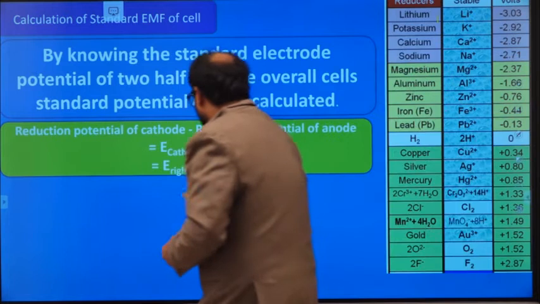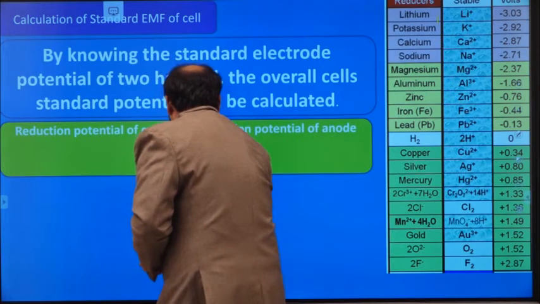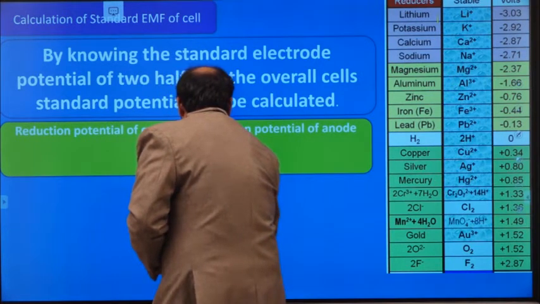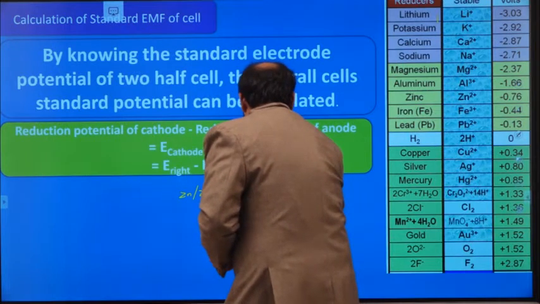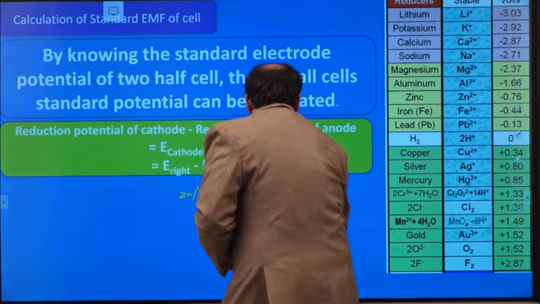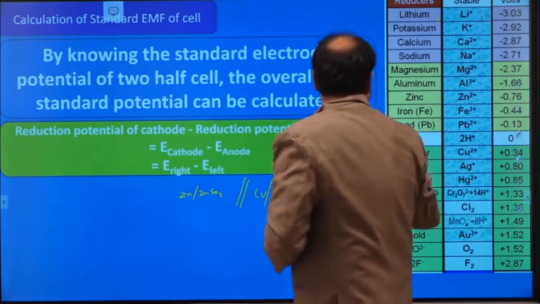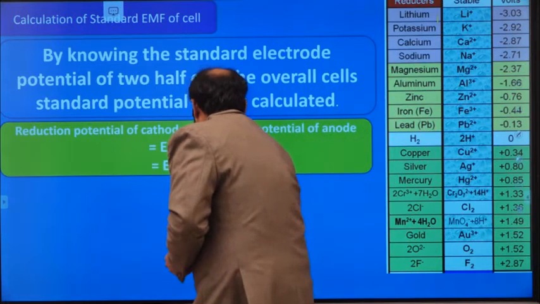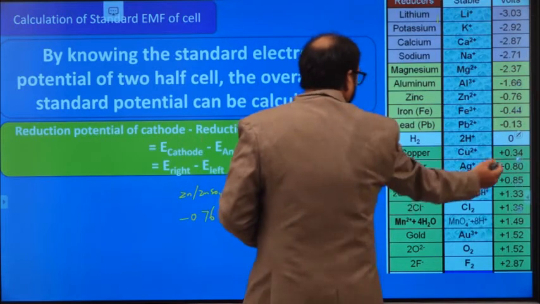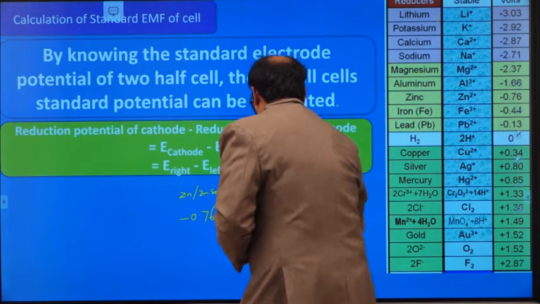Since we know the basic galvanic cell, that is zinc dipped in zinc sulfate and copper dipped in copper sulfate solution connected by a salt bridge, and zinc has a value of minus 0.76 and copper has a value of plus 0.34, okay.